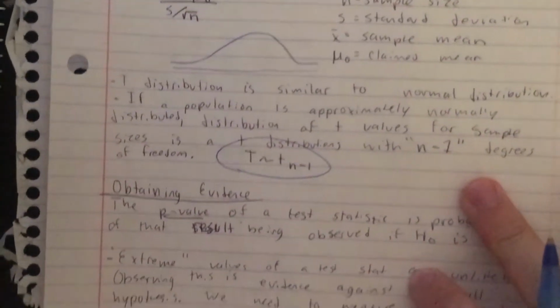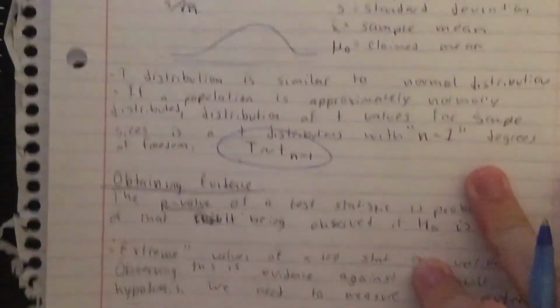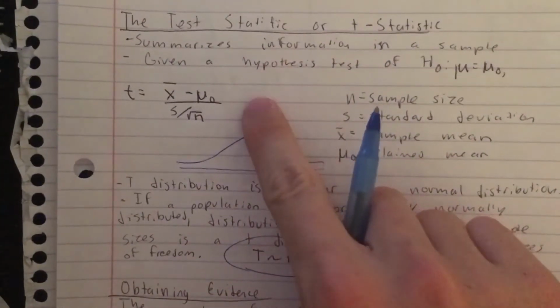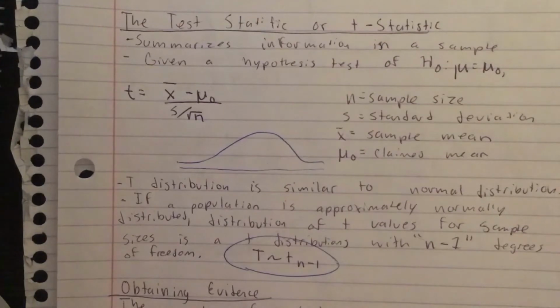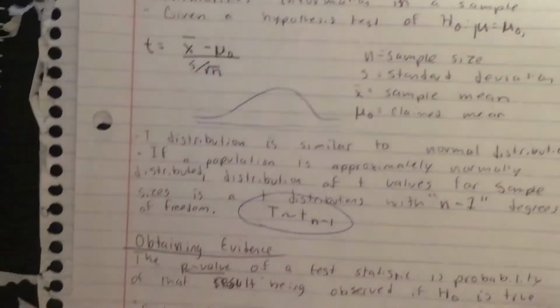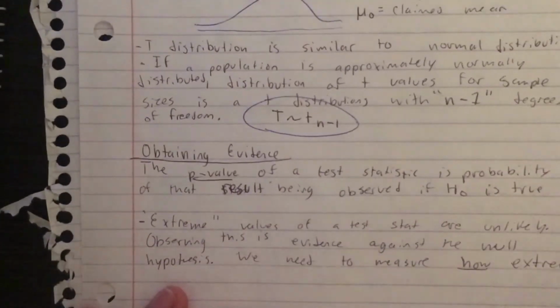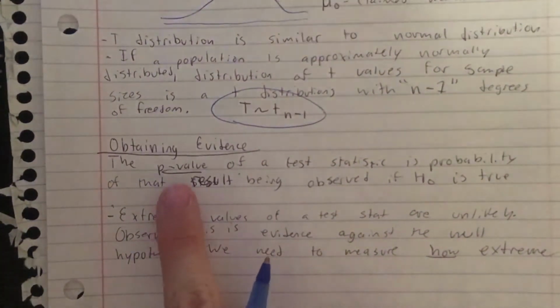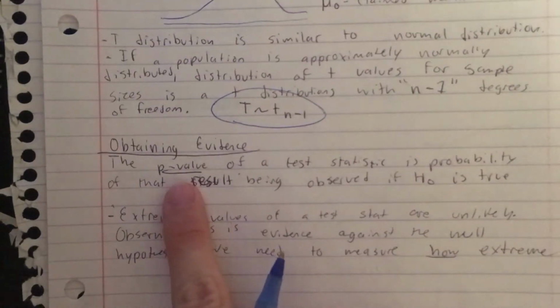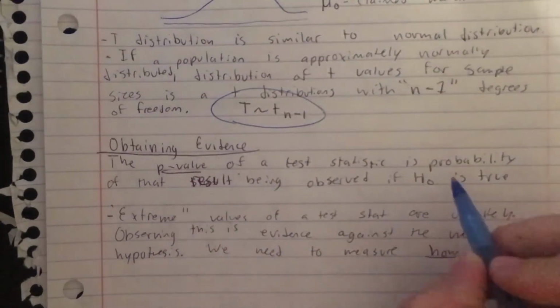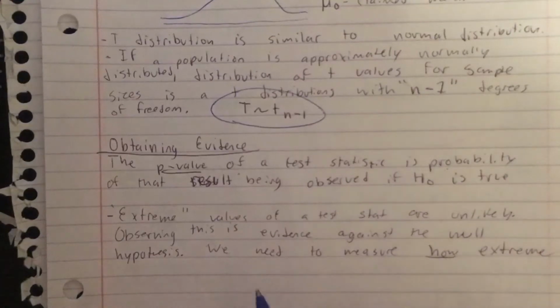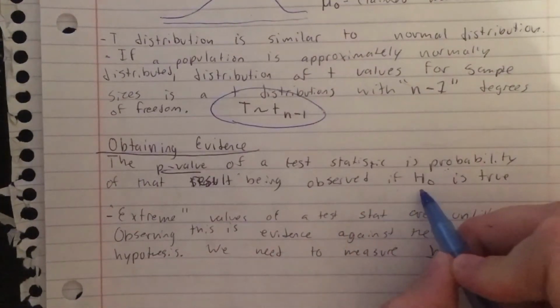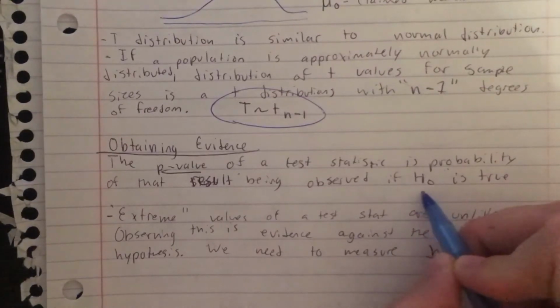Now, we've got this t-test statistic, and that's what we're going to use as part of our evidence. When you hear me reference the p-value, what that means is the probability of a result being observed if the null hypothesis is true.